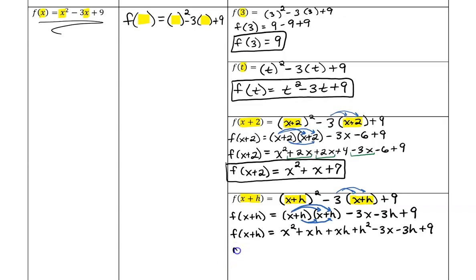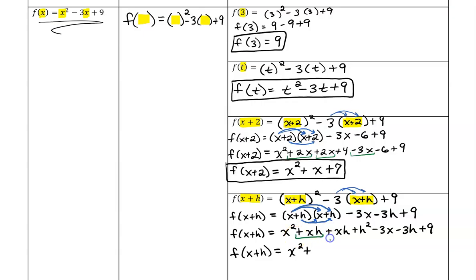And let's see what we can combine. We were able to combine quite a bit in the last one. Let's see what happens here. x squared, ooh, that's the only x value that's squared. I can't combine it with the h squared because that's a different variable. So I'm going to have x squared plus I have an xh, I have another xh.